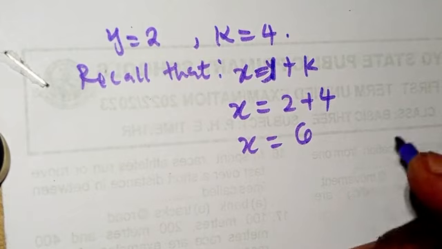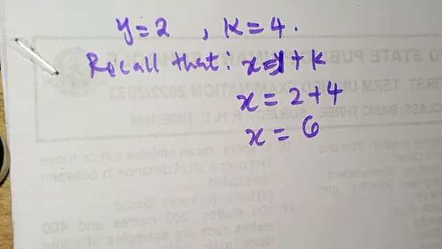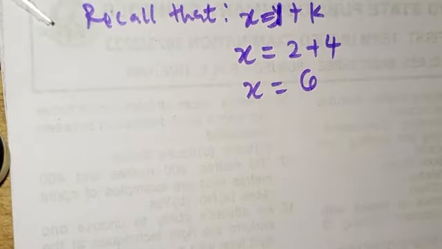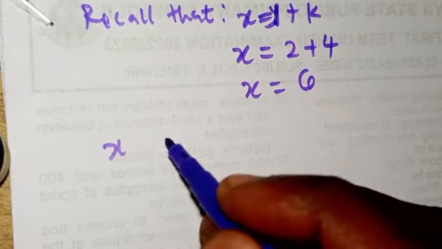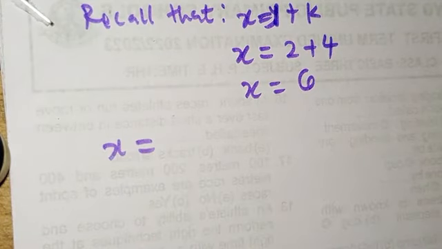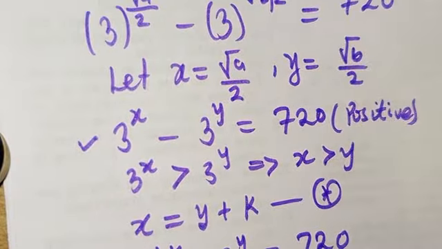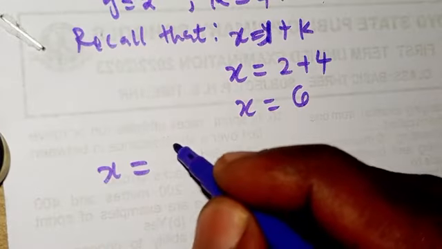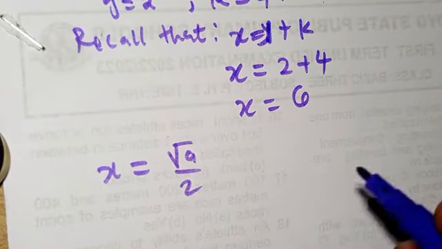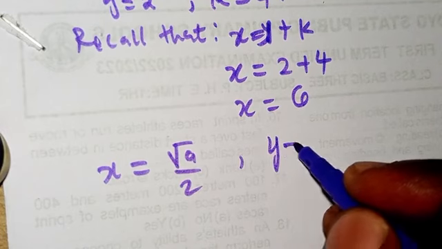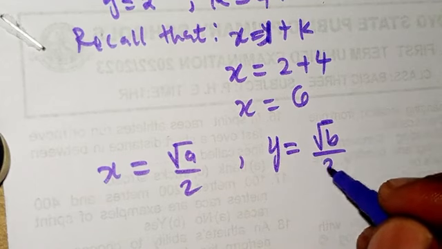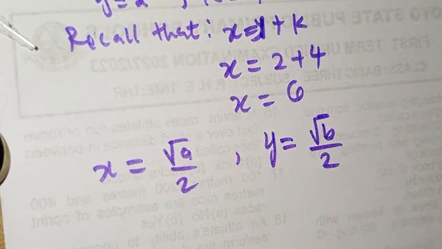So now if x equals 6, we still need to recall again that from the beginning we said x to be root a over 2, and y to be root b over 2, right?